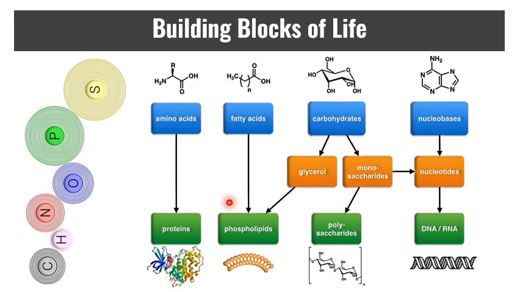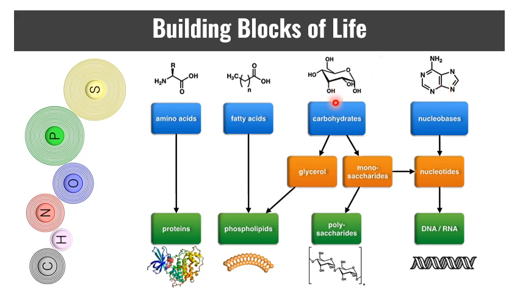Carbohydrates, for example, use carbon, hydrogen, and oxygen in roughly a 1 to 2 to 1 relationship, whereas fatty acids will use carbon and hydrogen and oxygen, not in a 1 to 2 to 1 relationship. Amino acids will always have nitrogen, and amino acids can also have sulfur. Nucleic acids will always have nitrogen, but will also have phosphorus.